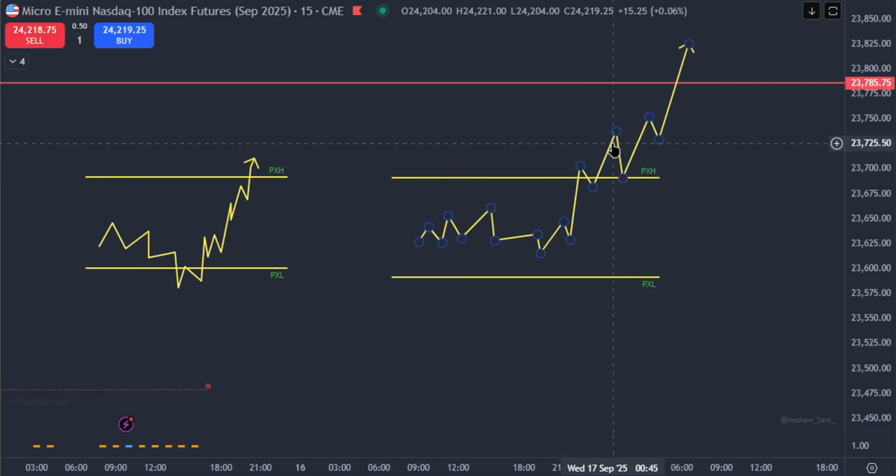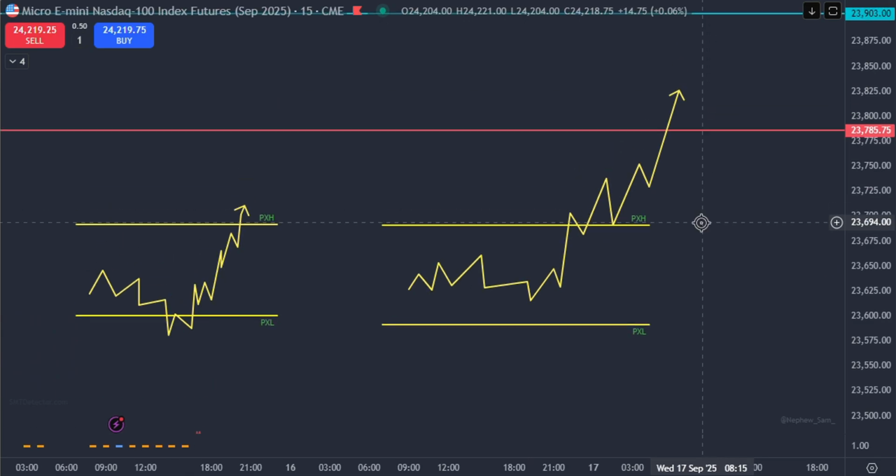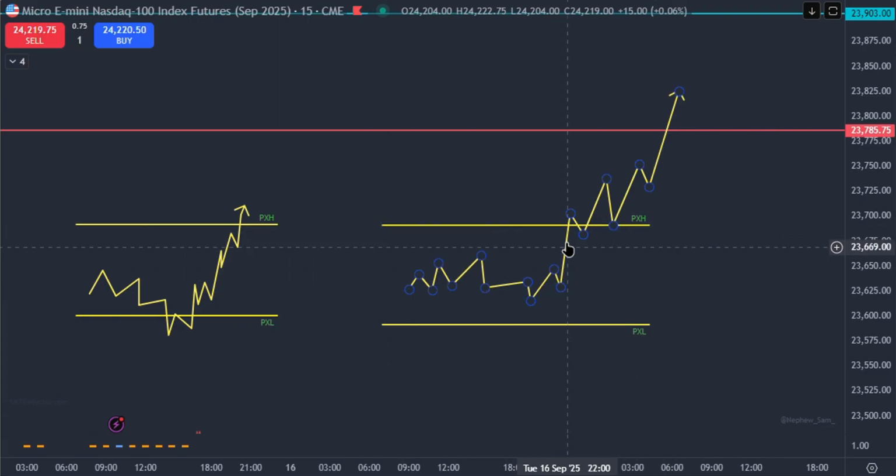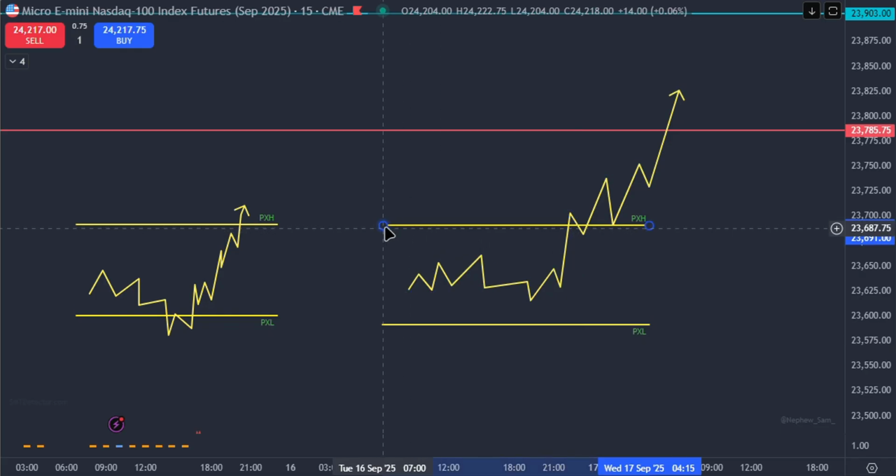This is support, right? You use it as support, and then you take off. That's what a continuation model looks like. So you look, it'll displace above another high. This is another high. It will come, touch, and it will take back off.